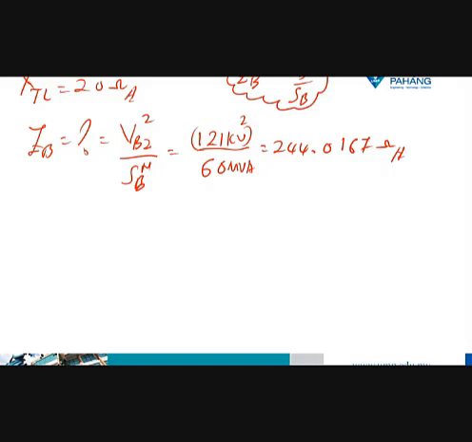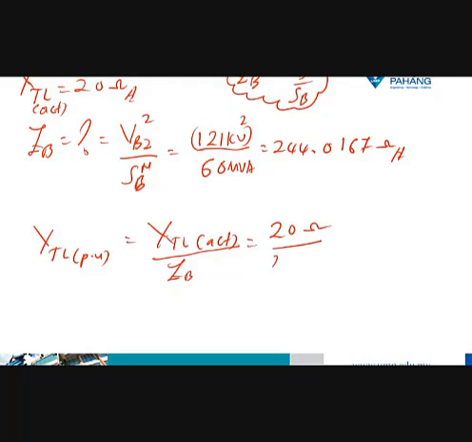So how do we convert this transmission line actual value into per unit? XTL per unit equals XTL actual over Z base. So 20 ohm over 244.0167 ohms.